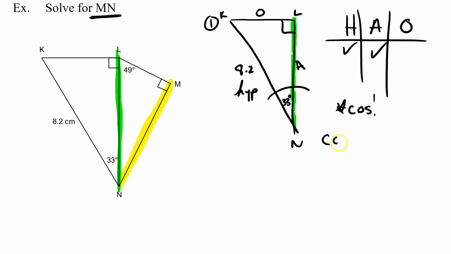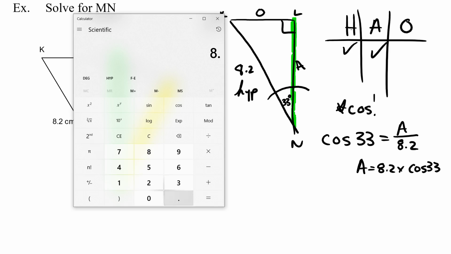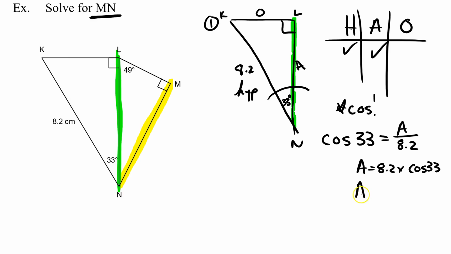So we're going to say cos of 33 equals adjacent, we're going to call that A, over hypotenuse, which is going to be our 8.2. Through cross multiplication, I'm going to say A equals 8.2 times the cos of 33. So 8.2 times 33 cos equals 6.88. So my adjacent is going to be 6.88.